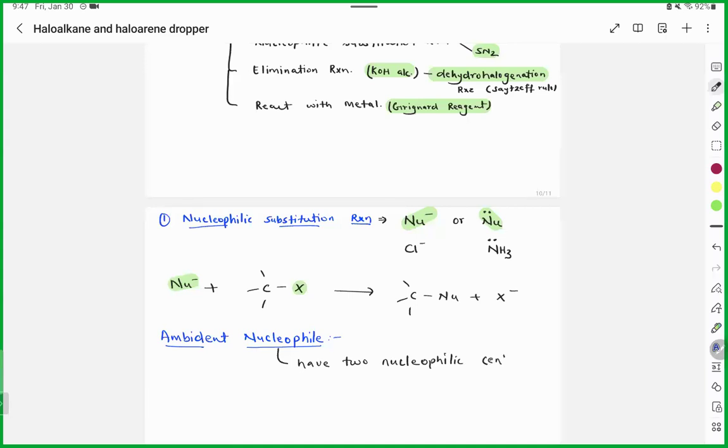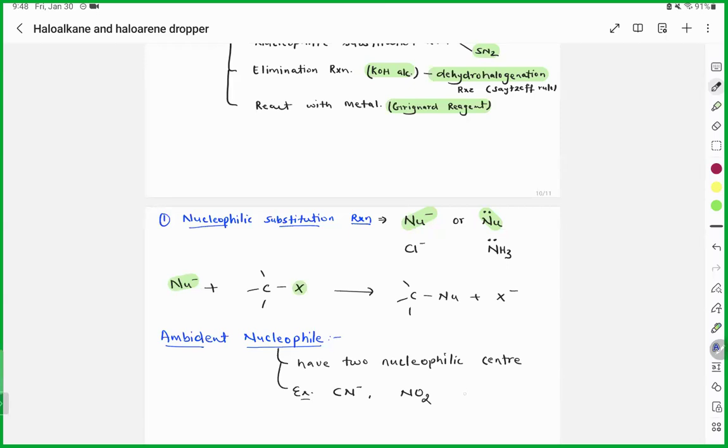And without examples, everything is incomplete. So examples are cyanide: in this case, nitrogen can have a negative charge, so it can act as nucleophile, or carbon can have a negative charge, so carbon will act as nucleophile. Same with nitrite, NO2: oxygen can have a negative charge or nitrogen can have a lone pair or negative charge.